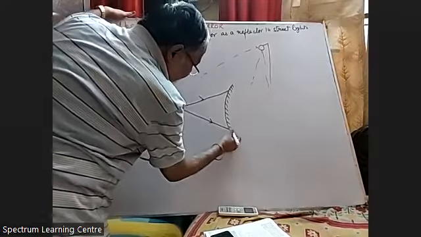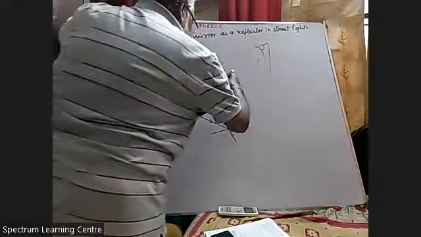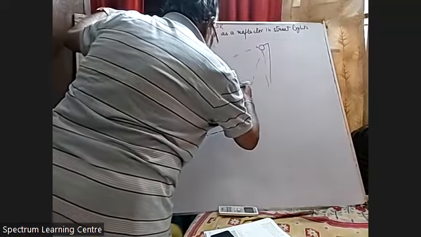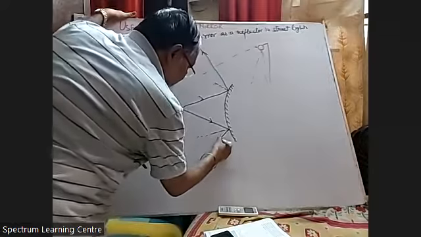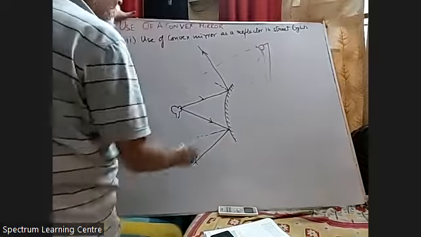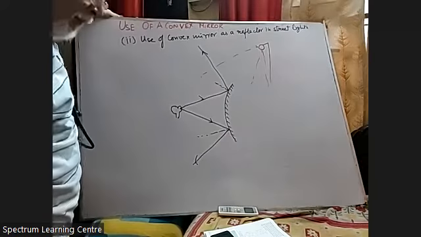Now, if I draw a normal here, and if I draw a normal here too, it will diverge the rays. So this is how you get a wider range, right?